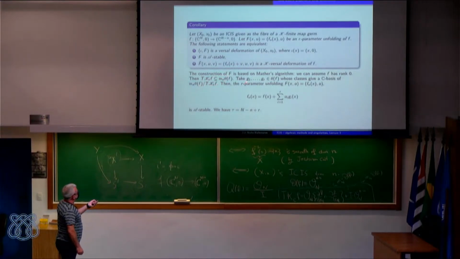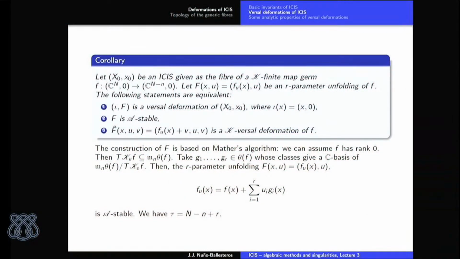Now we take g_1, ..., g_r elements of vector fields in theta f, whose residue classes give a basis as a C vector space of the quotient of m_n times theta f by the tangent space. Then this r-parameter unfolding, capital F, is given in this way: F_u of x is nothing but f of x plus the linear terms constructed with the functions g_i.